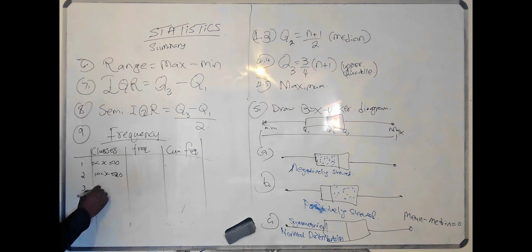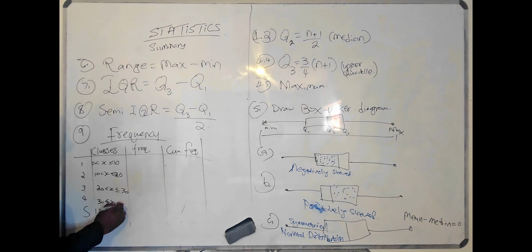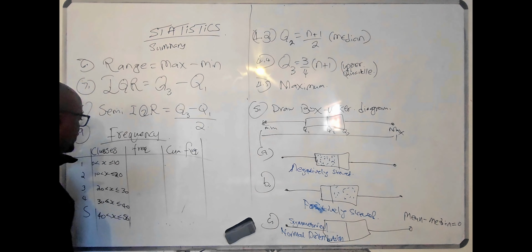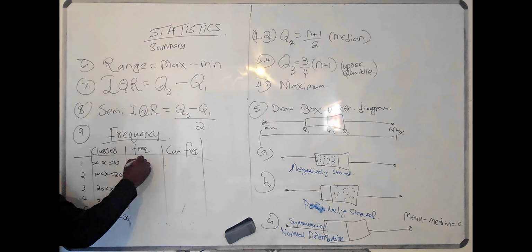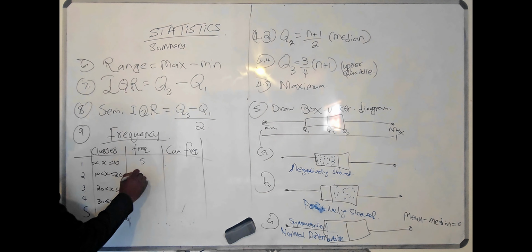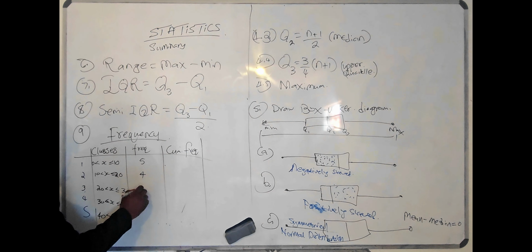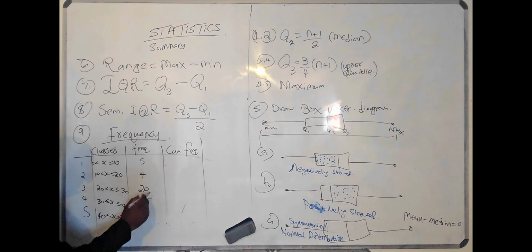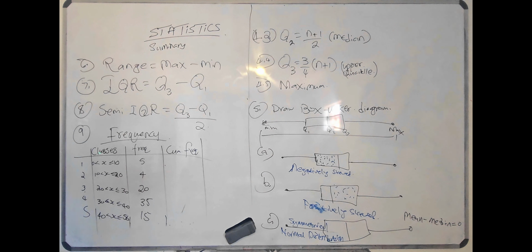Then 10 ≤ x < 20, 20 ≤ x < 30, 30 ≤ x < 40, and 40 ≤ x < 50. Let's say here you've got frequencies 5, 4, 20, 35, 15. Okay, that's our frequency.